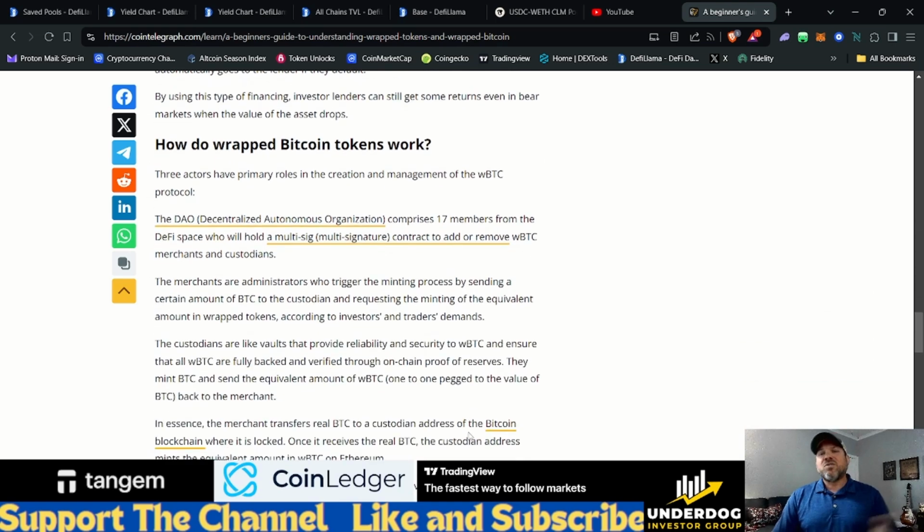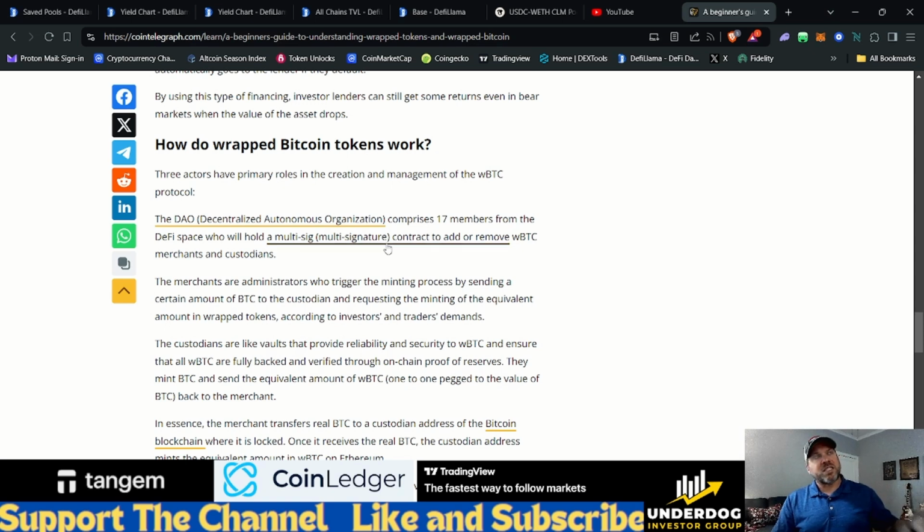Now, how do wrapped tokens work? And this is where it gets a little bit complicated. So basically, with Wrapped Bitcoin, there is a DAO, a decentralized autonomous organization, and they hold a multi-signature contract wallet, meaning each person has a part of that private seed phrase.